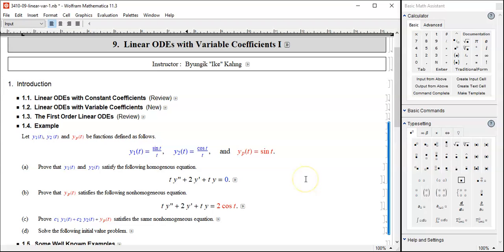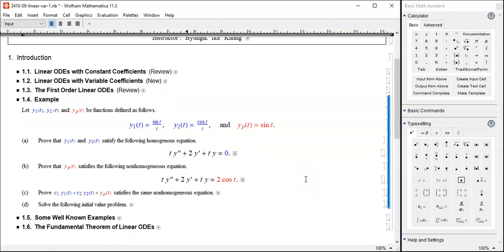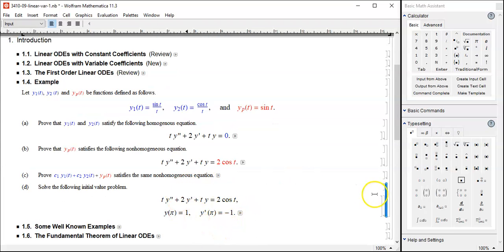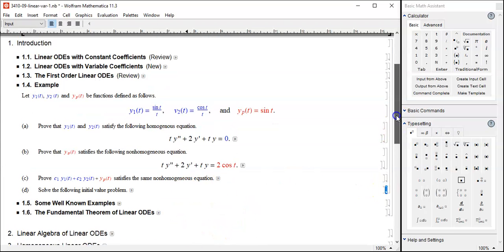Through this example, we verified that a similar kind of idea, the linear combination of homogeneous parts, c1y1 plus c2y2, plus the particular, works as the general solution of the non-homogeneous equation. Indeed, it's going to be the case all the time. We'll prove it, but we verified it. And then we went through how to solve the initial value problem if you have IC, initial conditions.